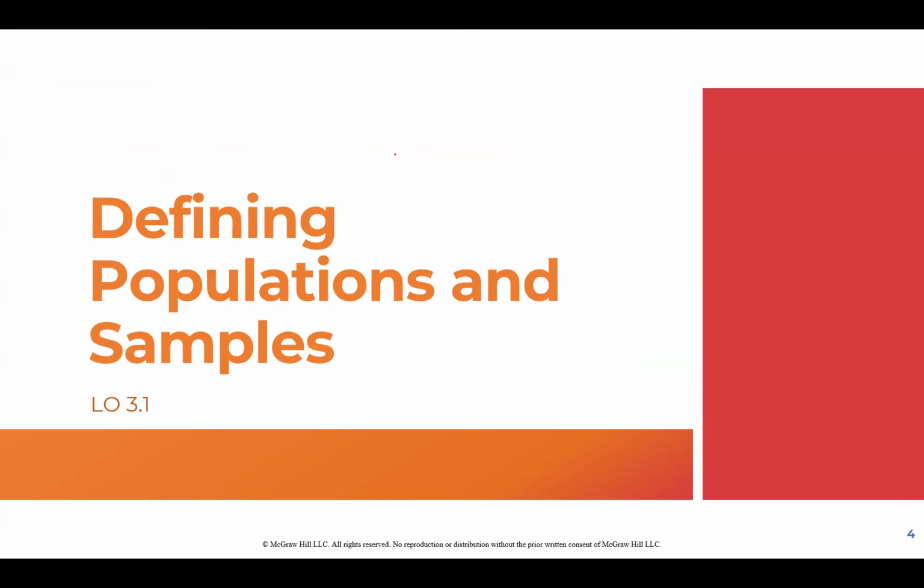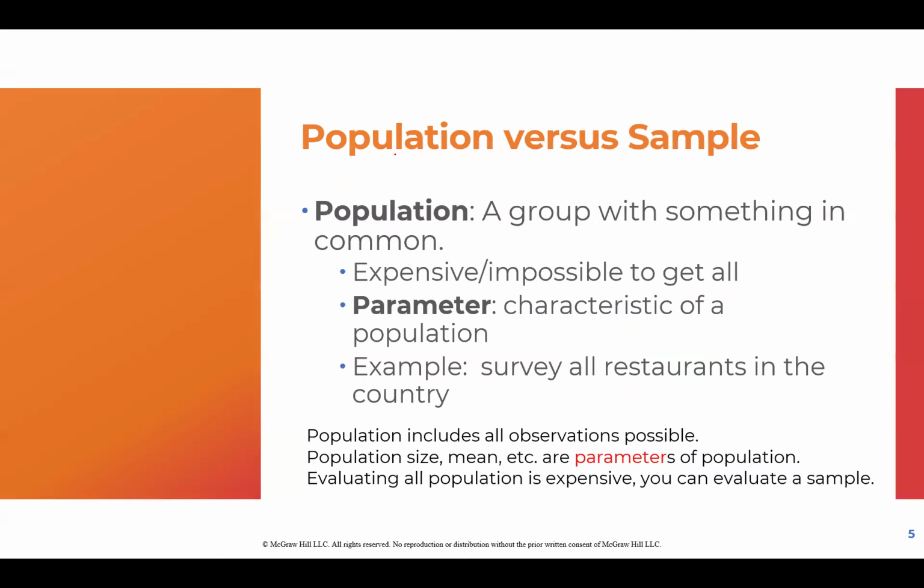So, defining population and samples. Population includes all values possible in the study. For example, take Montreal household income. That means you have to include all households in Montreal and find out their income. That is the population. The size of the population is a parameter by itself.